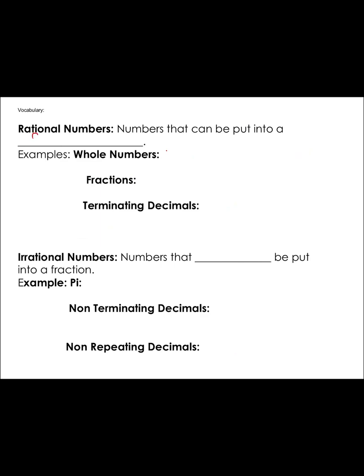Okay, rational numbers, what are they? Rational numbers are numbers that can be put into a fraction. Keyword here is can be put into a fraction. So any whole number, whether it's positive or negative, so like 3 can be 3 over 1. Negative 5 can be negative 5 over 1.